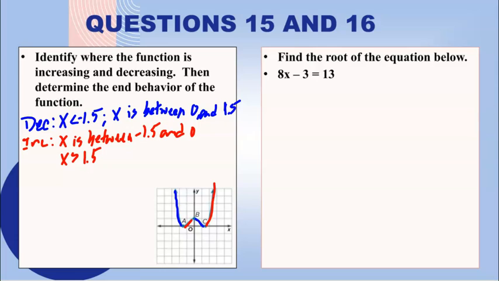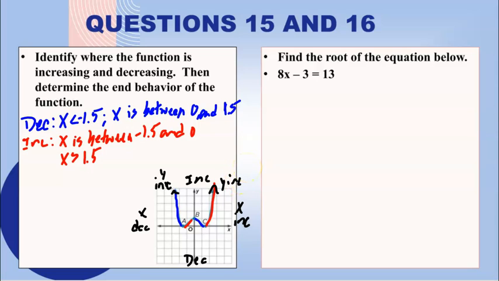Then the end behavior, just remember up here it's increasing, down here is decreasing, this is increasing, so when x increases, this is x decreasing. Now here, I'm just going to look at the arrowheads. The arrowheads are right here. On this side, y increases.